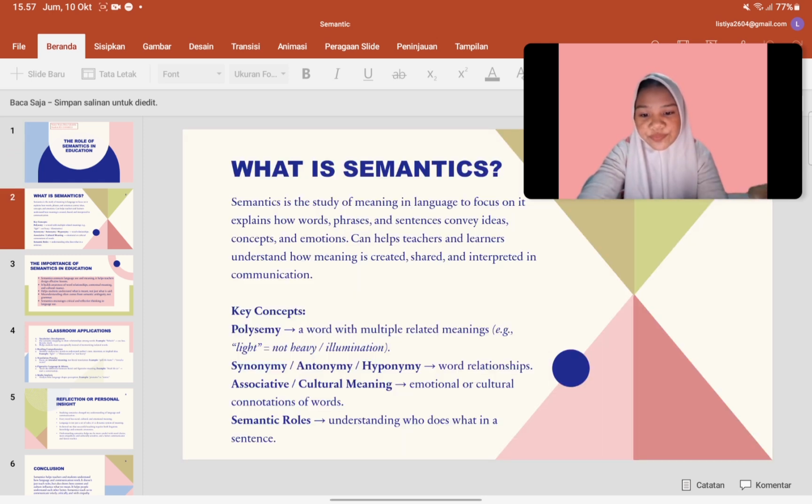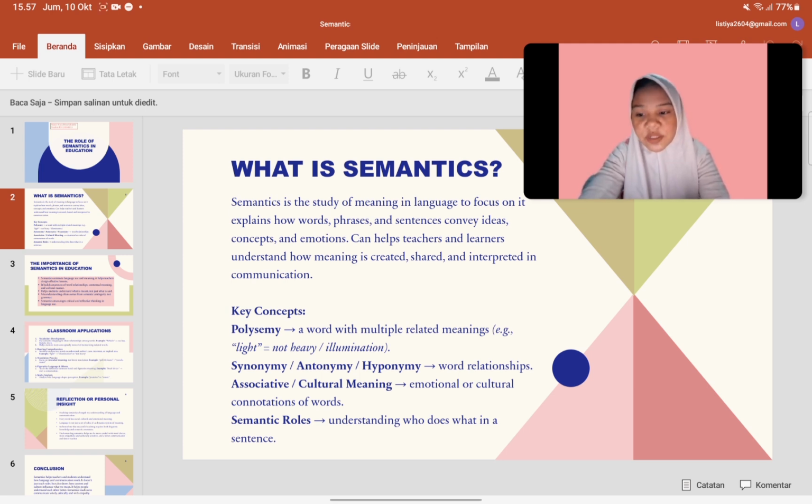So, what is semantics? Semantics is the study of meaning in language. It focuses on how words, phrases, and sentences convey ideas, concepts, and emotions. In simple terms, semantics helps us understand how meaning is created, shared, and interpreted when we communicate.